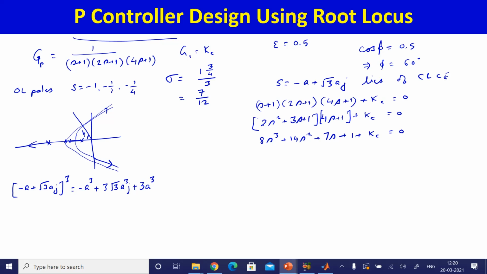And square root 3 square is 3, so this will be actually 3 multiplied by 3 a cube, and then we will get minus 3 square root 3 a cube j. Therefore this guy and this guy actually cancel out, and 3 3 is a 9, 9 a cube minus a cube, so that's actually 8 a cube.